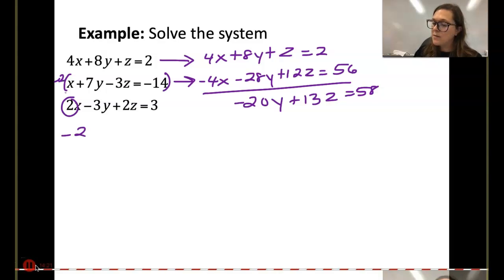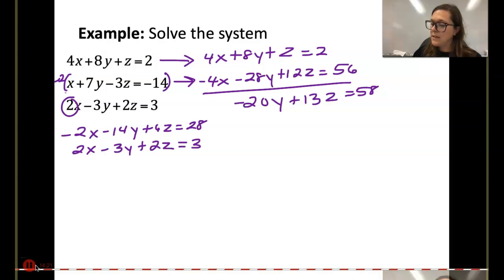So that gets me -2x minus 14y plus 6z equals 28. Line 3 stays 2x minus 3y plus 2z equals 3. Adding up and down, -17y plus 8z equals 31.